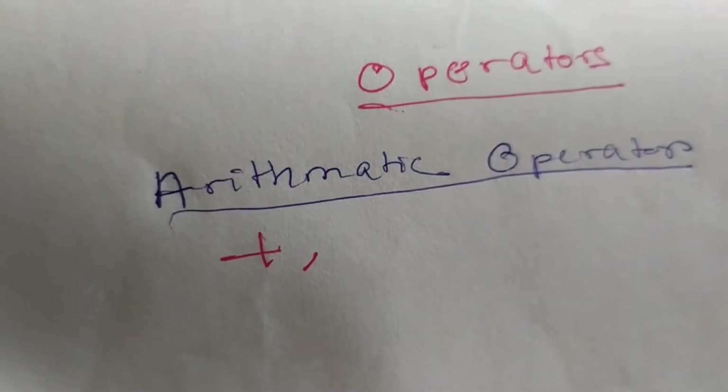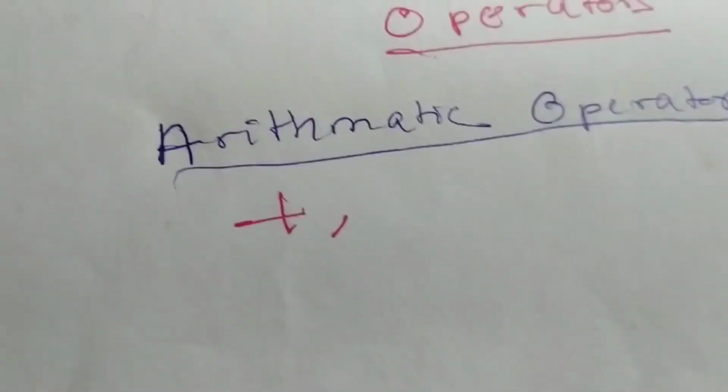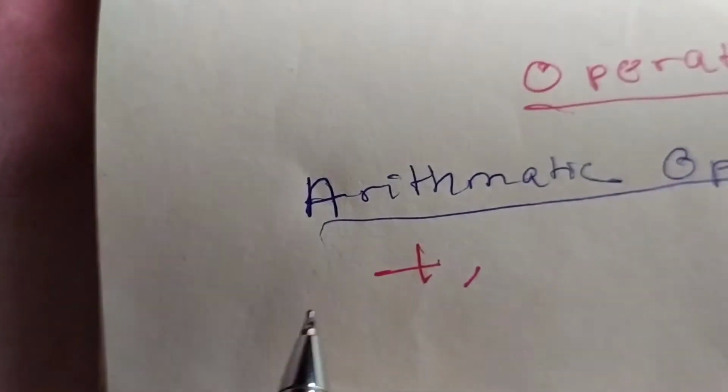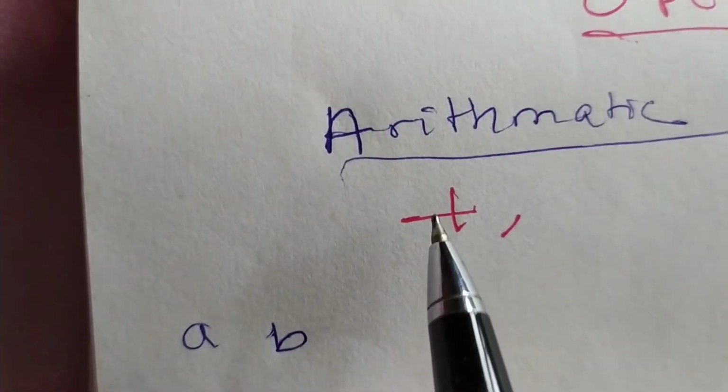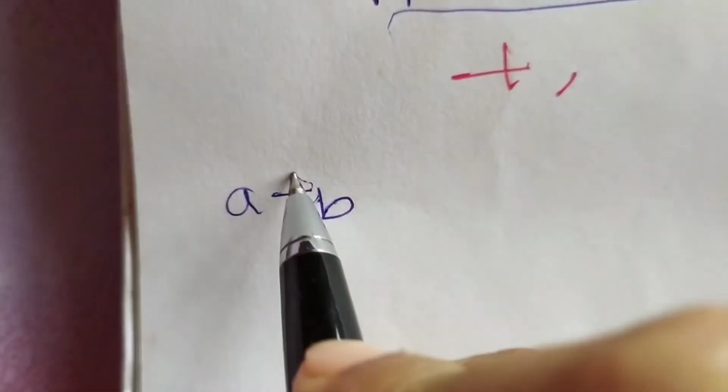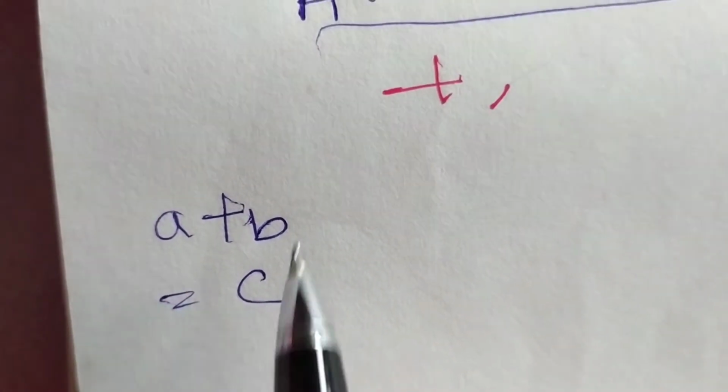If we want to add two numbers, suppose we are adding two numbers a and b, then we will use this plus sign between these, and the result will give another value.